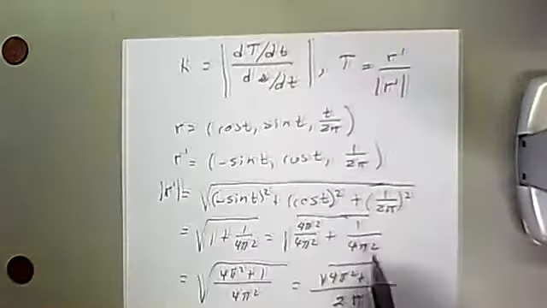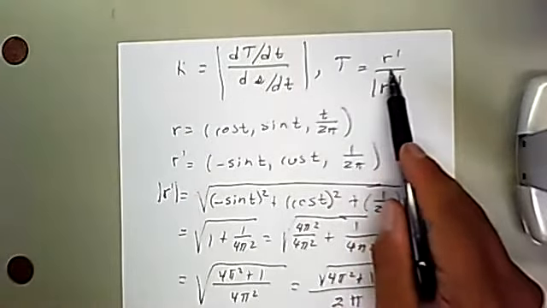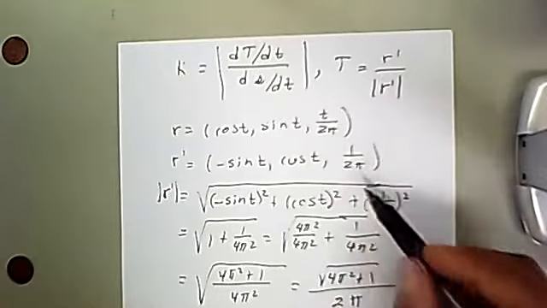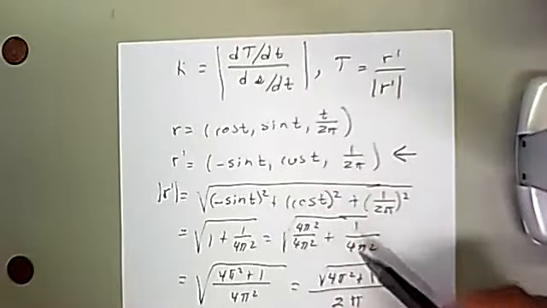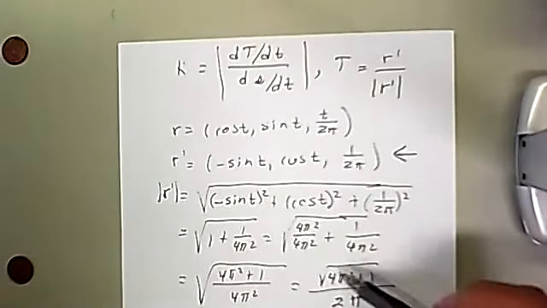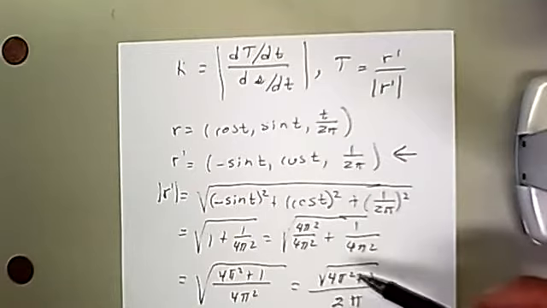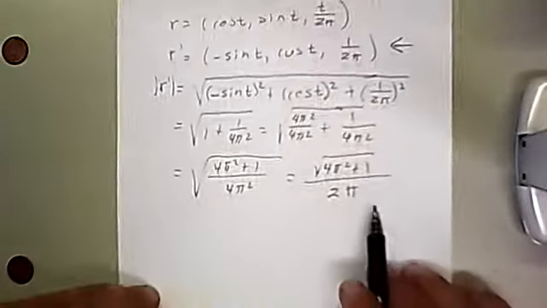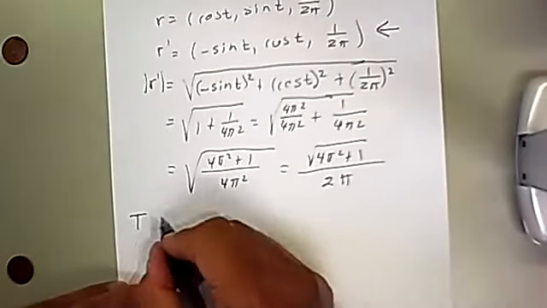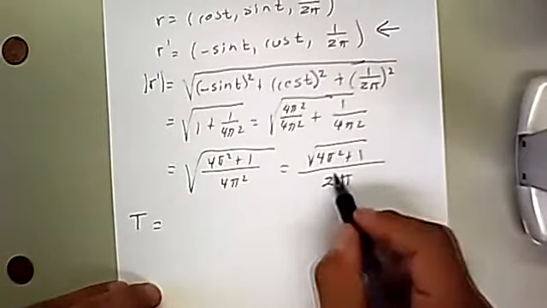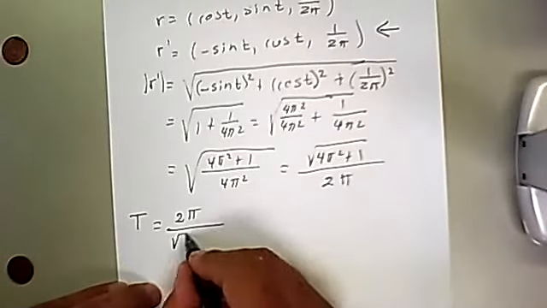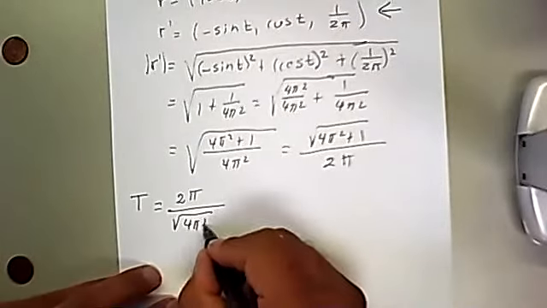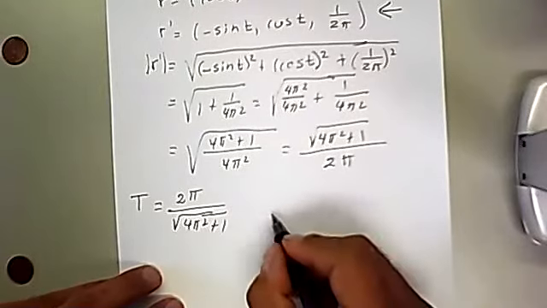So we need to take this vector, r prime, and divide by this magnitude. When we are dividing by this magnitude, we want to multiply by the reciprocal. This is a fraction, so capital T will be the reciprocal, 2 pi over the square root of 4 pi squared plus 1, times the vector.